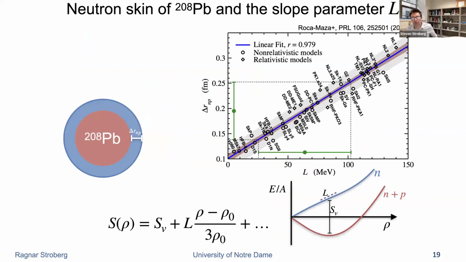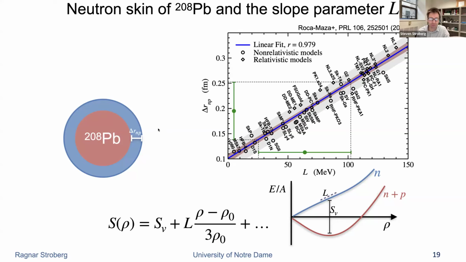Okay, so because we don't have a bucket of neutrons, we want to now relate this to something that we do have in the lab. It turns out that to some extent, the closest thing we have to nuclear matter in the lab is lead-208, a heavy nucleus. And it has been observed, I think, originally around the year 2000, that there's this very strong correlation between this slope parameter that we're interested in, L, and what's called the neutron skin of lead-208.